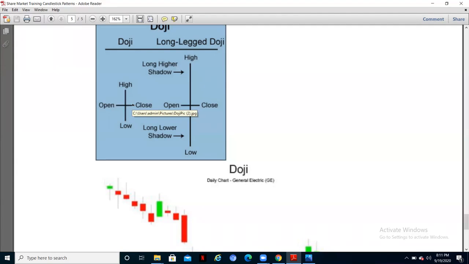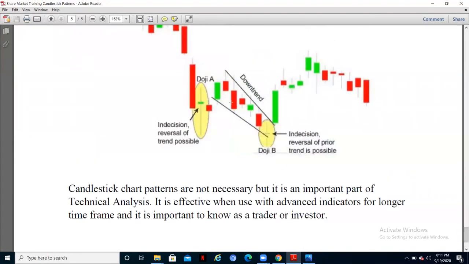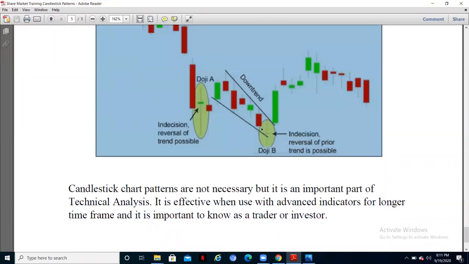If the stock is opening at around rupees 100, it is closing at 100 only, then it is a proper doji. And these are also very effective signs of reversal. You can see here the stock was moving in a downtrend. A doji is formed, after which the stock has reversed. So this doji was your exit.